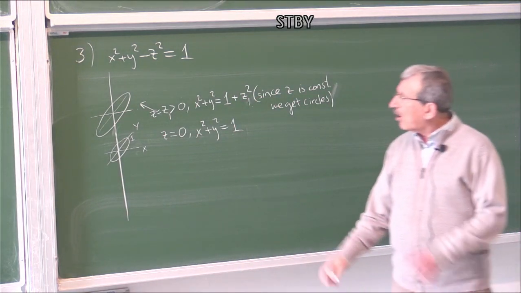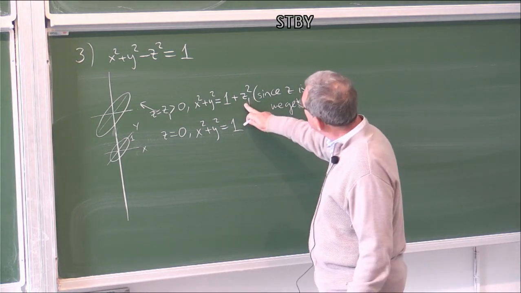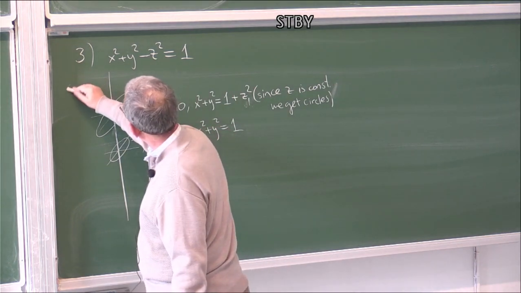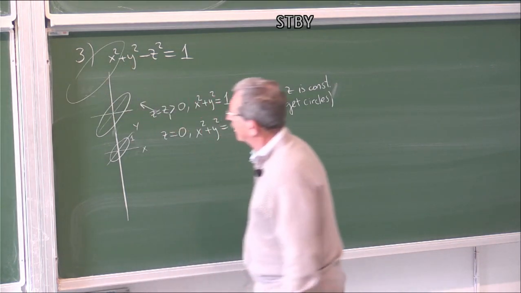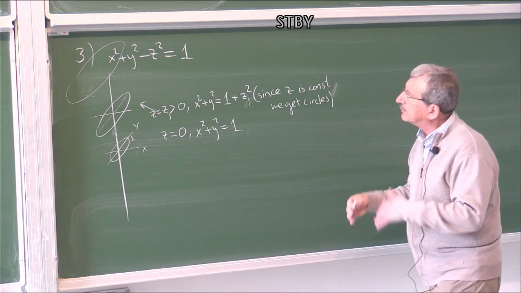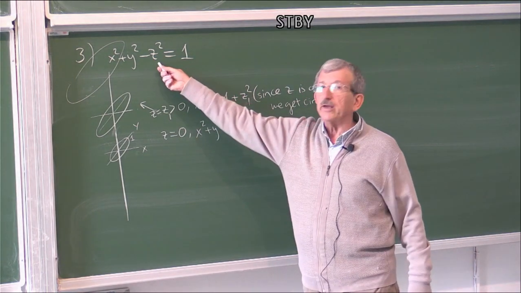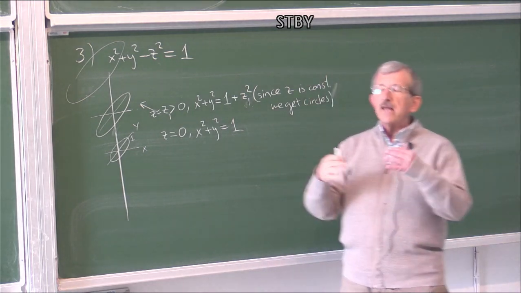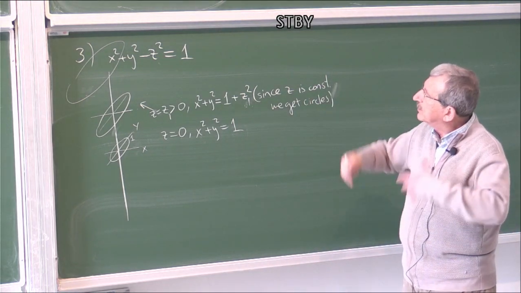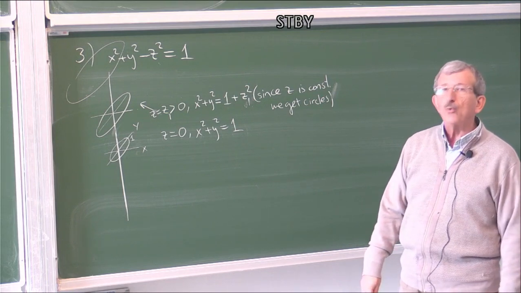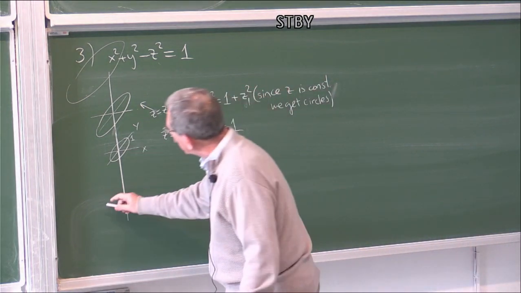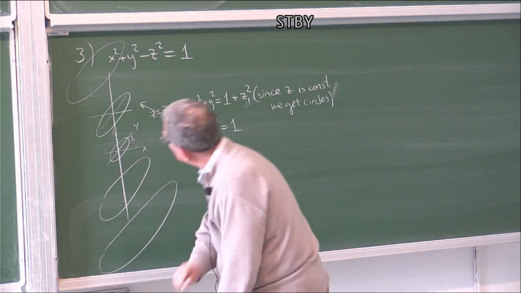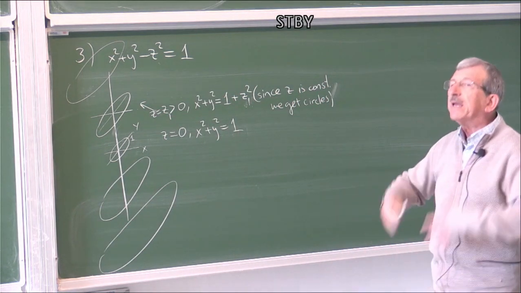It is obvious now that when we make z even bigger, we will get even larger circles. But because we have a square here, it doesn't matter if z is negative. If z is negative, its square will be the same as the positive term squared. And so at the bottom also, we have such circles getting bigger and bigger all the time.